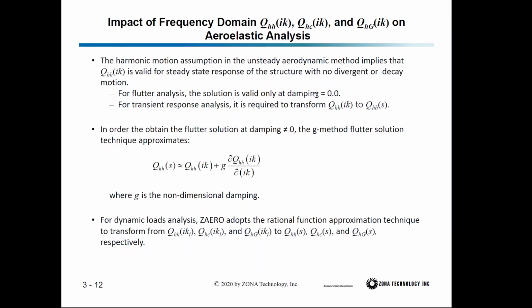This implies that for Flutter analysis, the solution is valid only when damping becomes 0. And for transient response analysis, it is required to transform the QHH from the frequency domain to the Laplace domain.